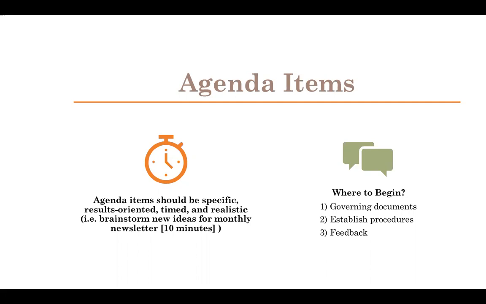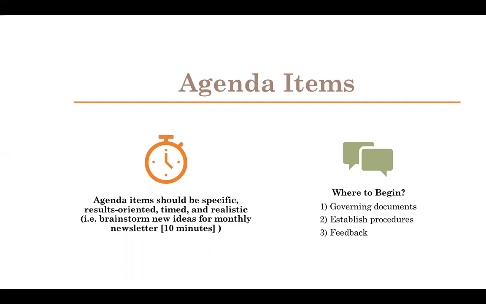And then where to begin, definitely, like I mentioned before, look through your governing documents, see if anything's listed in there on how things need to be voted on, how often meetings have to occur, potentially what you have to meet about. I know many constitutions mention that anything concerning money or membership has to be voted on, and so that can also help you determine what type of agenda items need to appear during meetings.